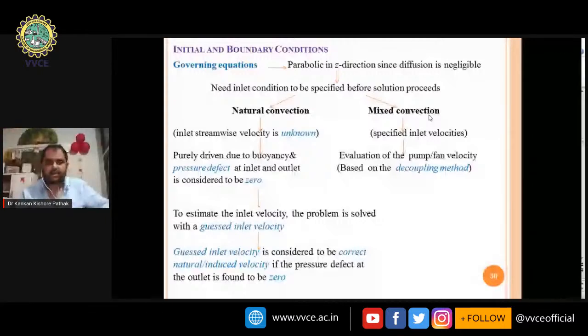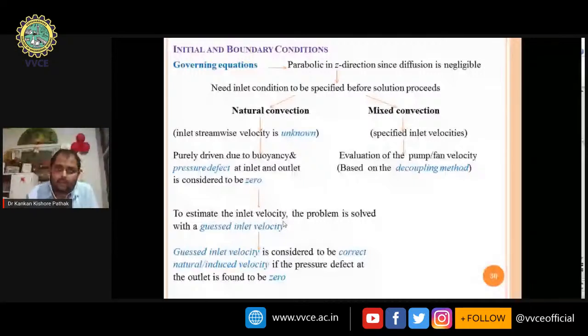In the case of natural convection, the inlet streamwise velocity is unknown, so the flow is purely driven by buoyancy, and the pressure defect between the inlet and the outlet is considered to be 0. This is quite natural, since in natural convection the pressure defect will be 0 across the channel. To estimate the inlet velocity, the problem is solved with a guess inlet velocity. For this configuration we have run the problem with some guess velocities and monitored how the pressure drop looks.